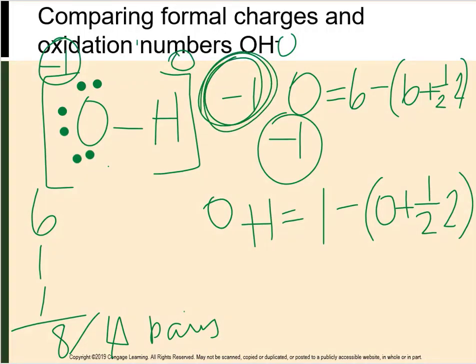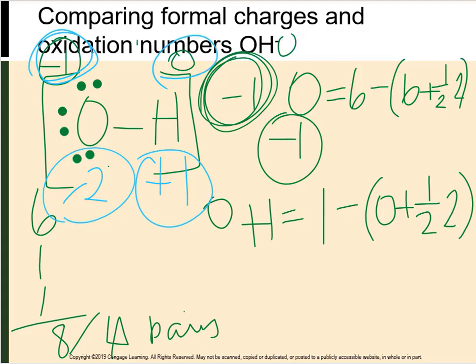But now let's think and look back to what we know about oxygen on the periodic table. Didn't we say that oxygen had an oxidation number of -2 and that hydrogen was +1? Notice how the oxidation numbers are different from the formal charges that we just calculated. So here's the difference. Oxidation numbers are determined by assuming that the bond between a pair of atoms is ionic, not covalent.